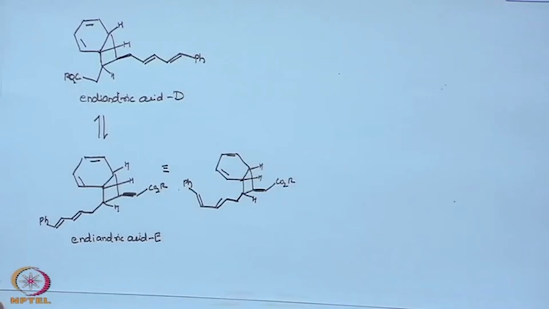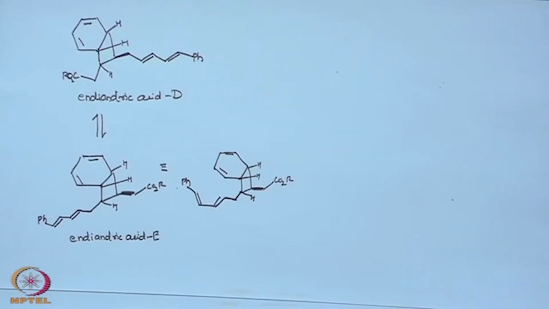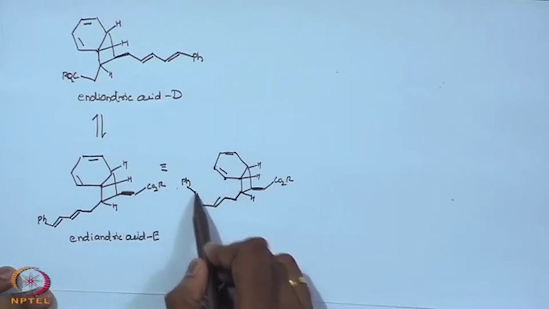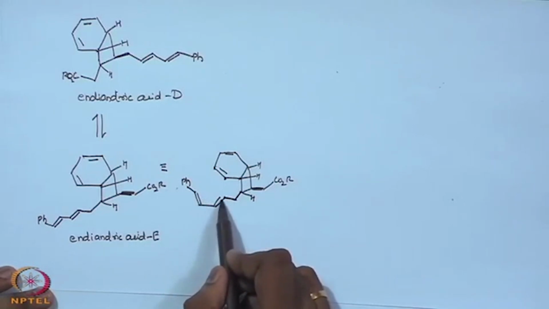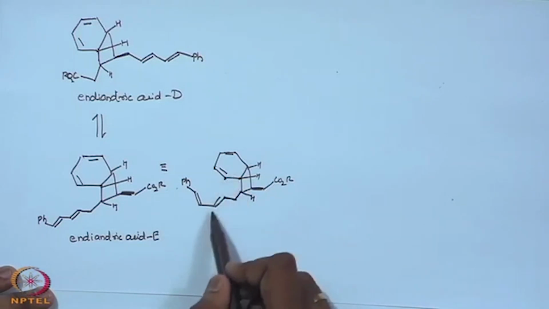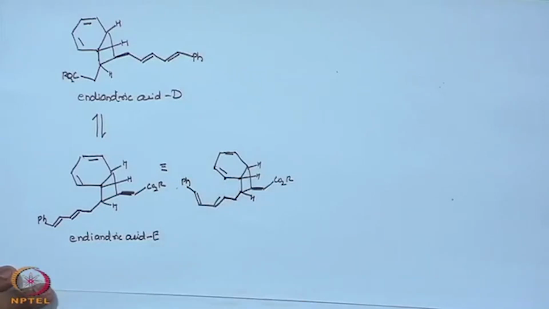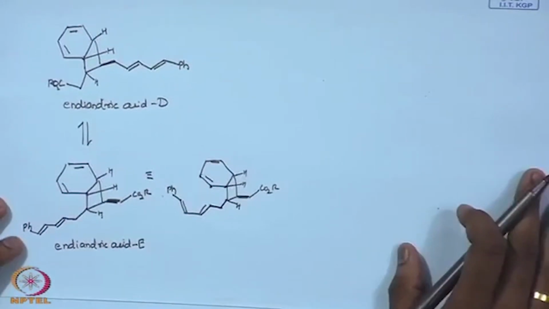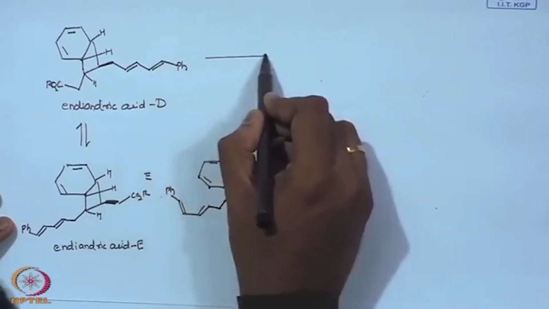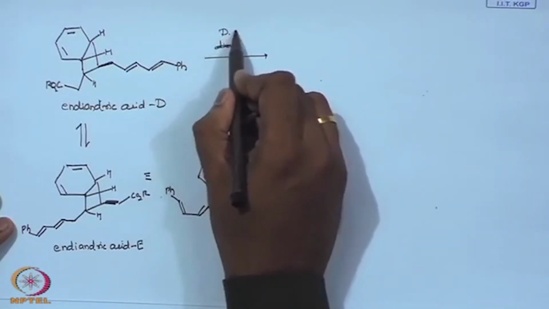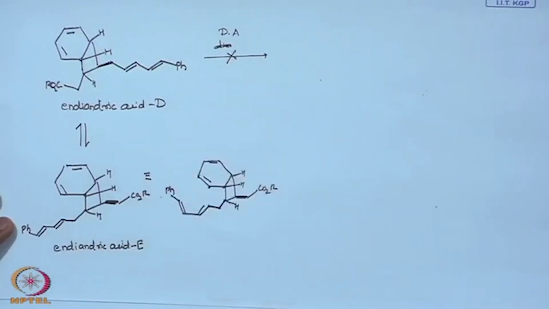Can I do it like this? Now what will happen? You just see this. So I can do this, right? This is what? Yes, 4 plus 2. So you have a 4 plus 2 cycloaddition. So you can nicely, it can do a Diels-Alder reaction. In this case, you cannot do it because they are on the opposite face.